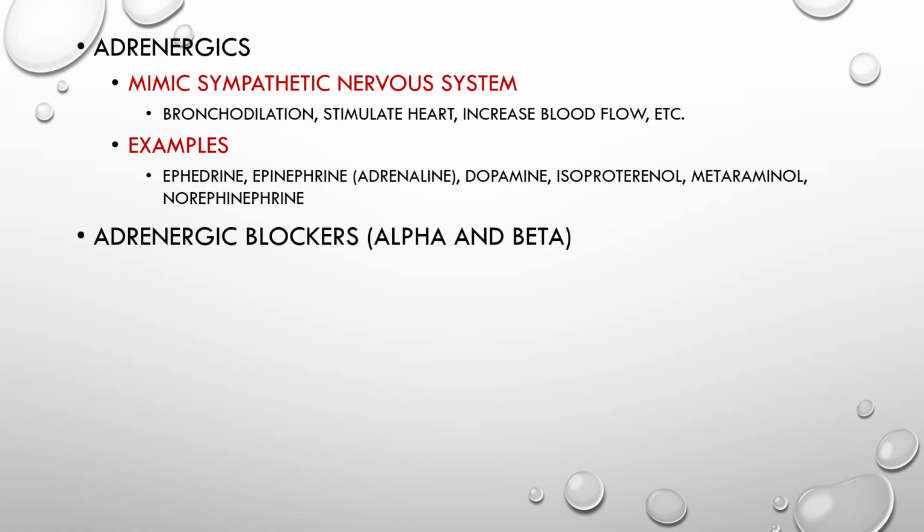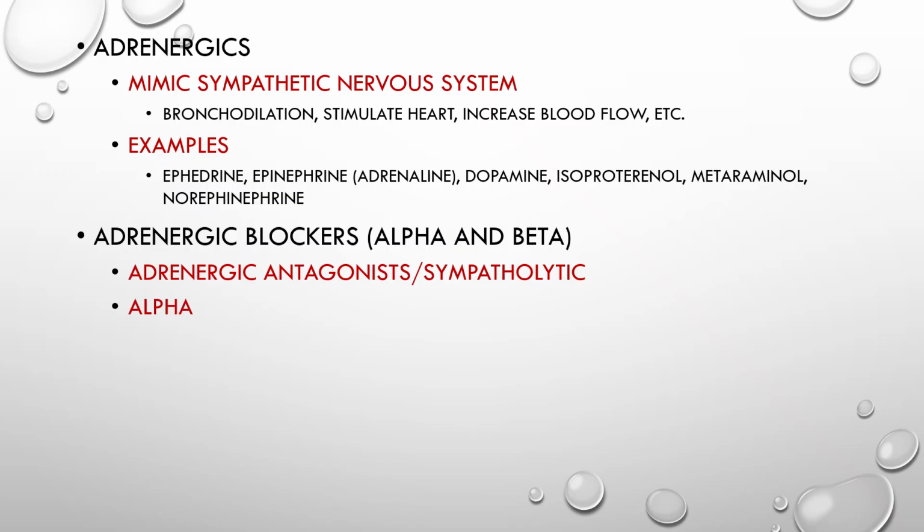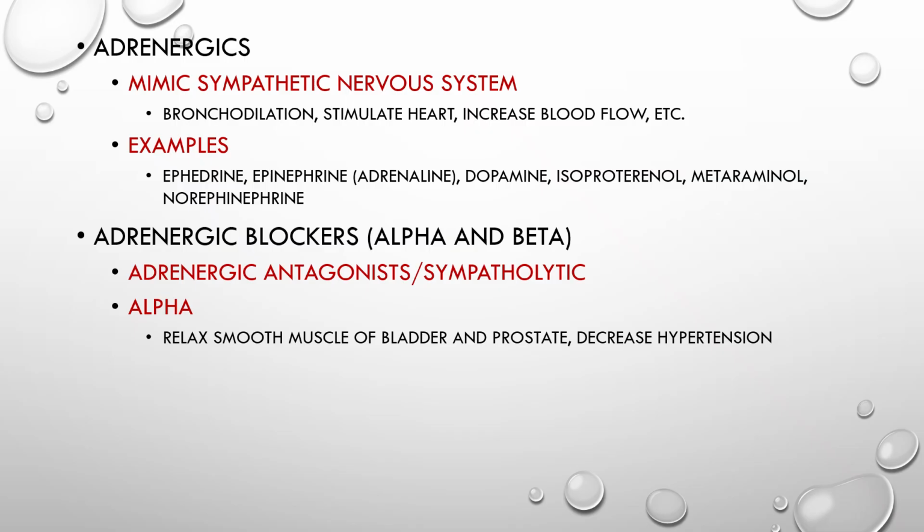Then we have the adrenergic blockers, alpha and beta. Those adrenergic antagonists are also sympathetic. So these are divided into alpha and beta. So alpha relax the smooth muscle of the bladder and prostate, especially during high blood pressure. Doxazosin is one of the main ones that gets used for that.